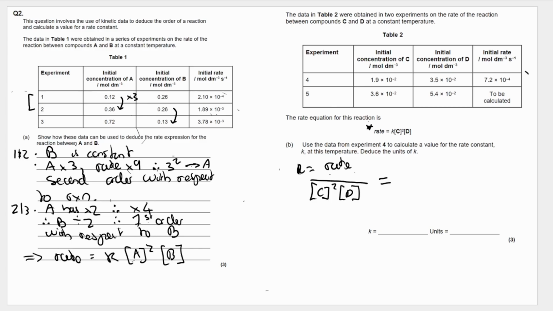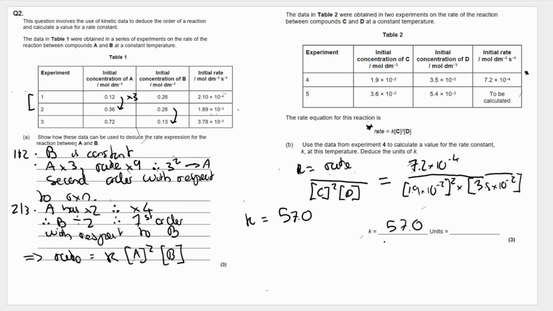So we'll pick the first reaction because that has all of the components together. So we know the initial rate is 7.2 times 10 to the minus 4 all over the concentration of C, which is 1.9 times 10 to the minus 2 squared, times by the concentration of D, which is 3.5 times 10 to the minus 2. That gives us an overall value for k of 57.